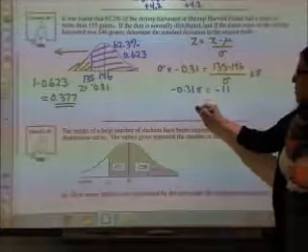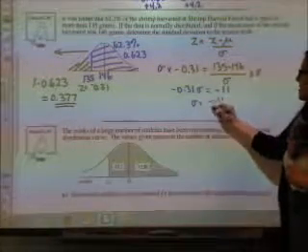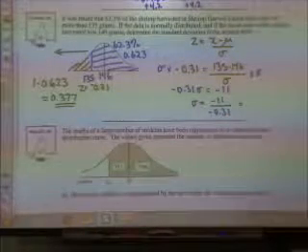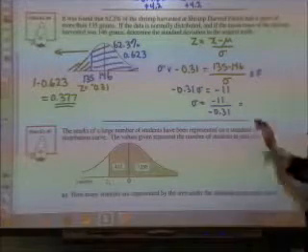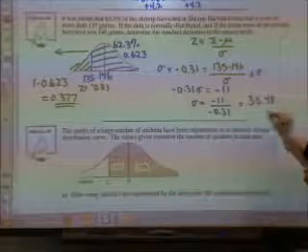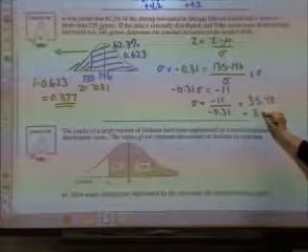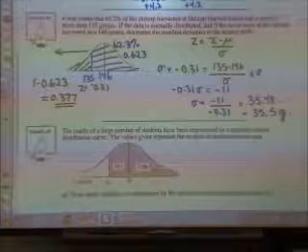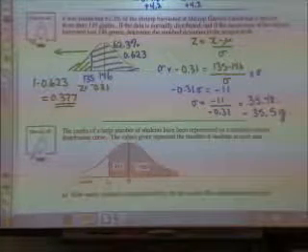And then to get sigma by itself, I'll divide by the negative 0.31. What do I get? 35.48387. So to the nearest 10? 35.5. So the standard deviation of the shrimp would be 35.5 grams.